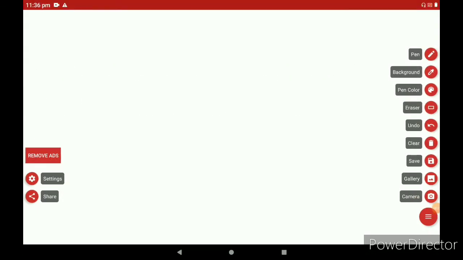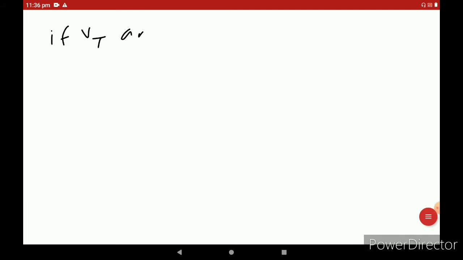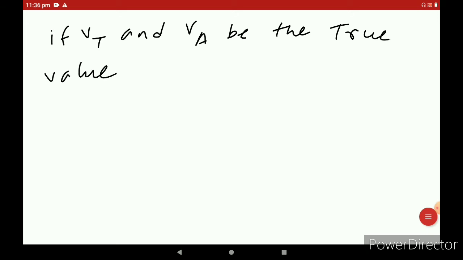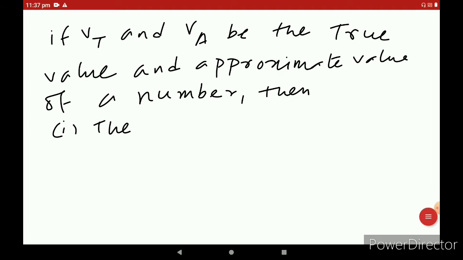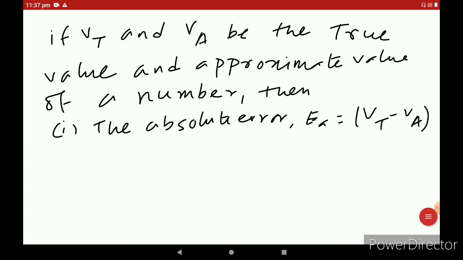Here, if Vt and Va be the true value and approximate value of a number, then number 1, the absolute error Ea equal to mod of Vt minus Va, mod of course.